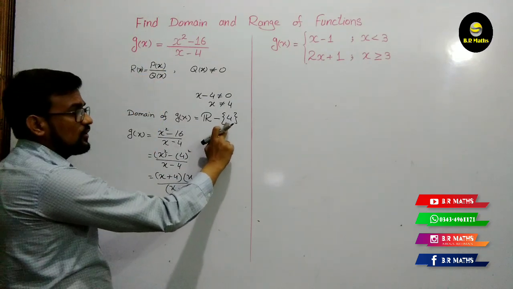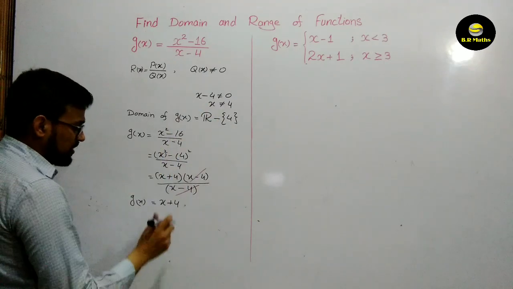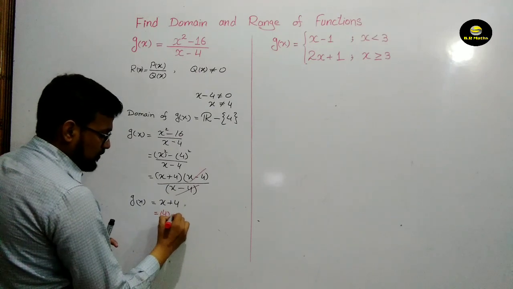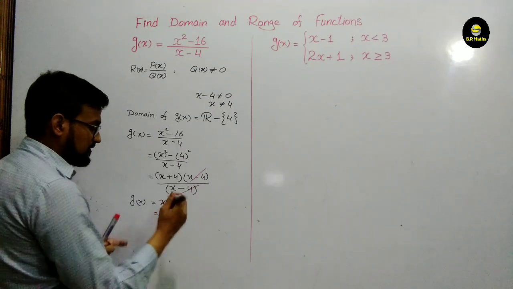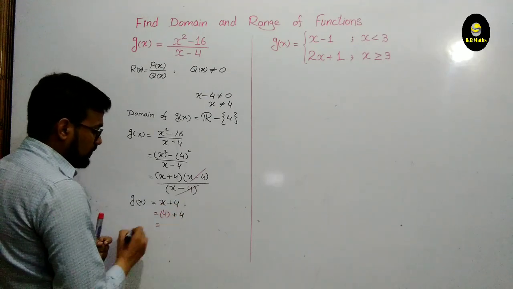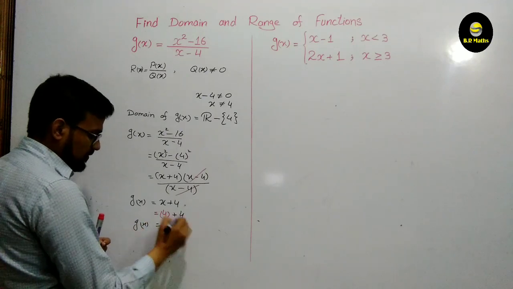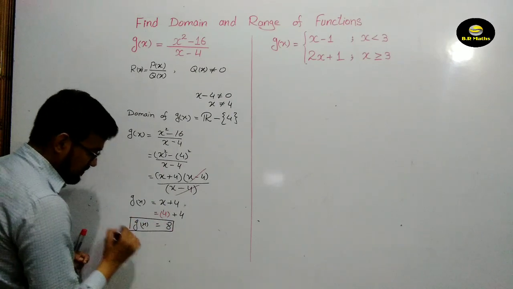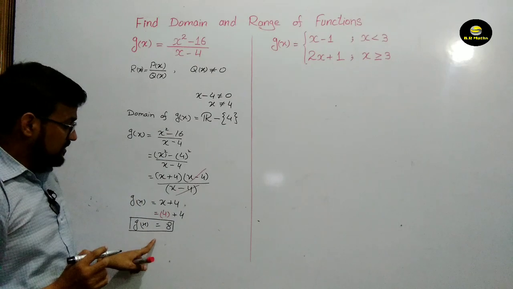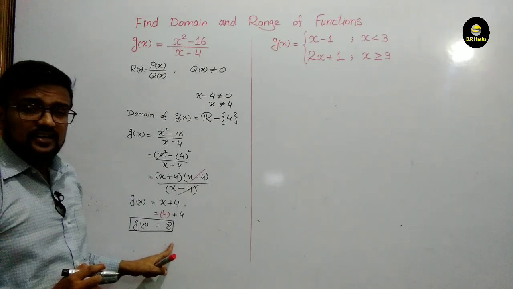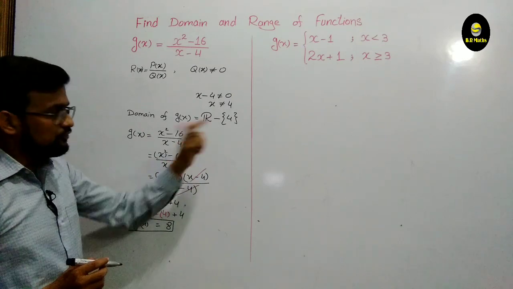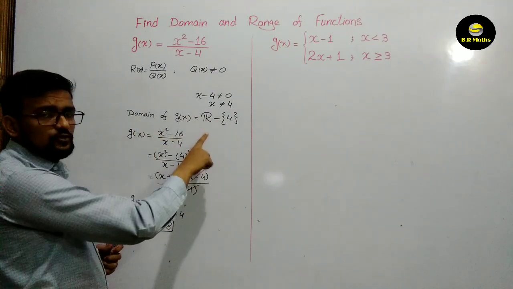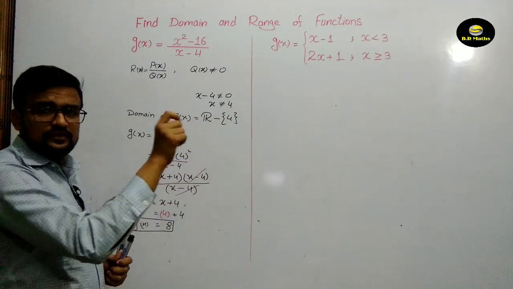So x is equal to 4 does not belong to the domain. If we put 4 in this function and calculate, the value of g of x is 8. Students, g of x is 8 when x is equal to 4, but x equal to 4 is not in the domain.